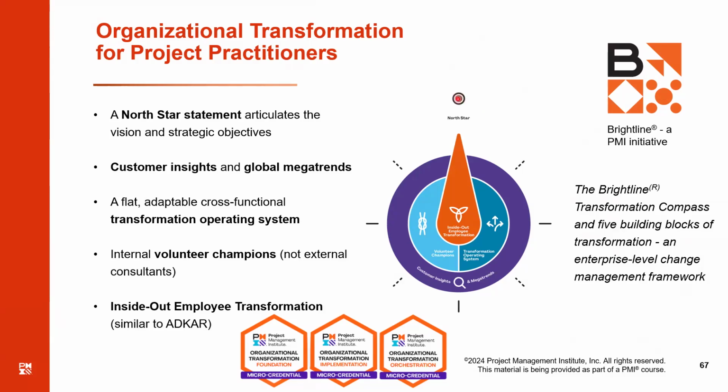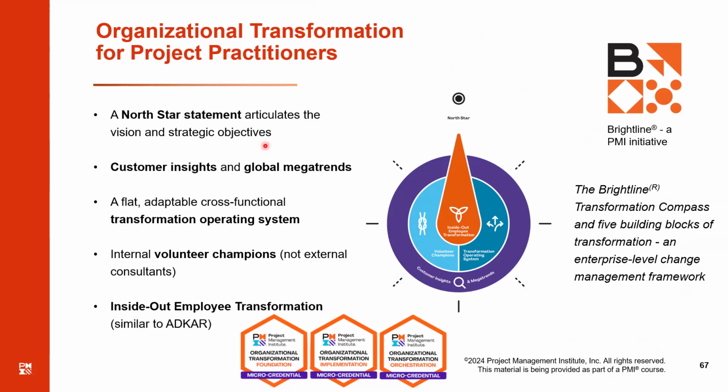You can see that North Star statement is the one which articulates the vision and strategic objectives of the organization. That means we are aligning ourselves with our North Star, and our North Star is the vision, mission, strategic objectives of our organization. So whatever change we are trying to bring about in the organization must all be pointing towards the North Star.